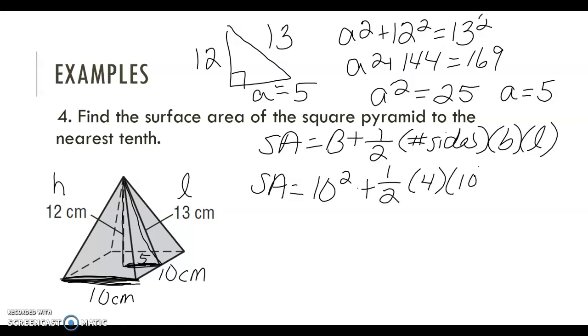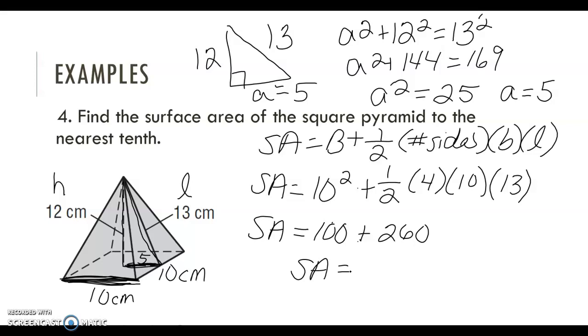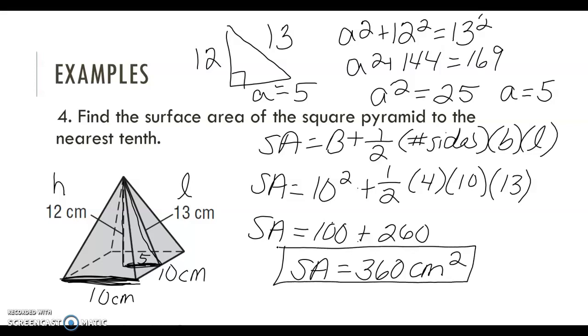Each side measures 10, and the slant height is 13. 10 squared is 100. 1/2 times 4 times 10 times 13 is 260 to give me an overall surface area of 360 square centimeters. And that is all for surface area of pyramids.